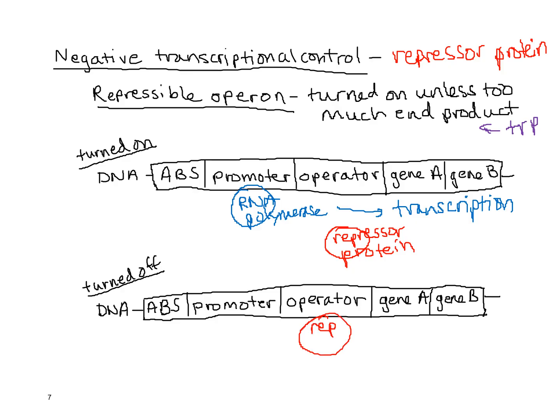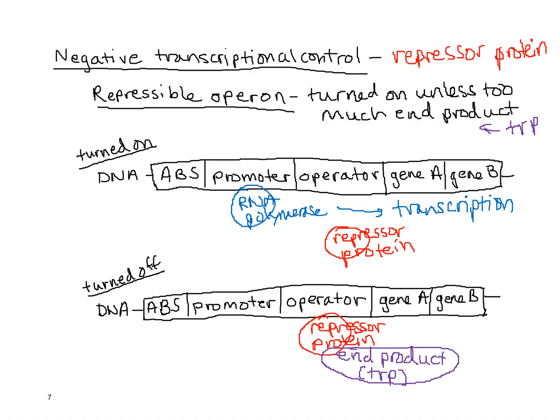How this is going to happen is that our end product, tryptophan, will bind to the repressor protein, and that'll change the shape of the repressor protein and allow it to bind to the operator.